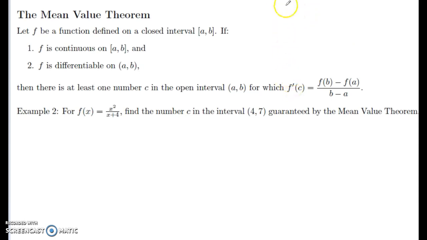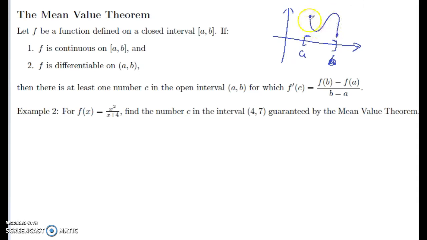So let's take a look at what it means in a graph. You draw a graph and you have a, b, interval. It doesn't matter what the f of a value and f of b value is, as long as you have a continuous and smooth function.